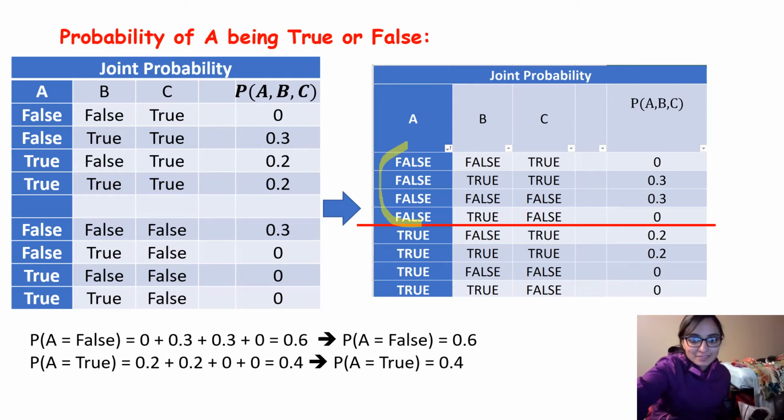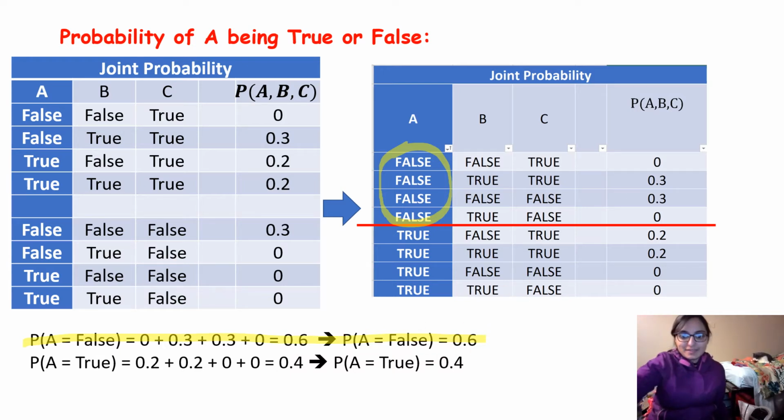So I added up the 0, and then the 0.3, and then the 0.3 again, and then the 0, and that gives me 0.6. So the probability A is false is 0.6, 60%.